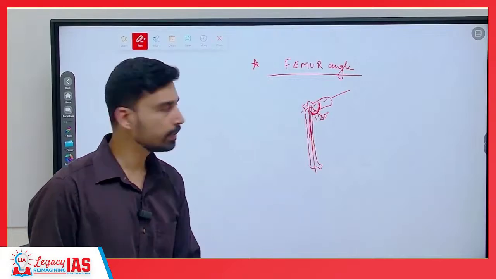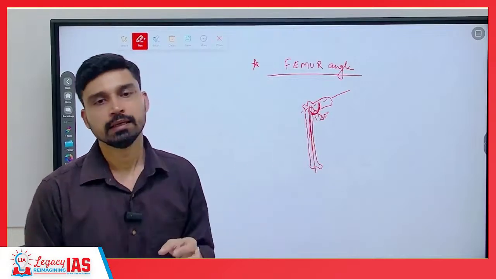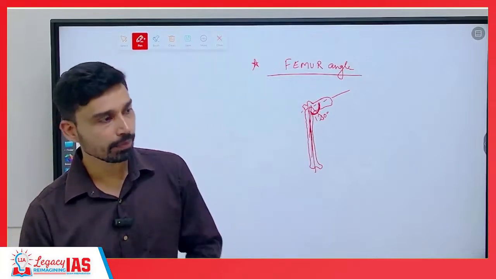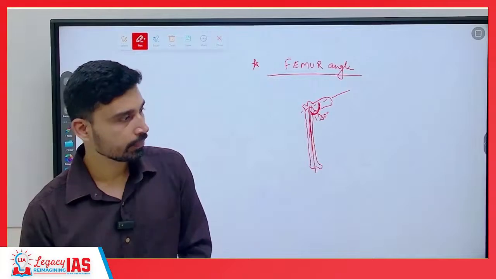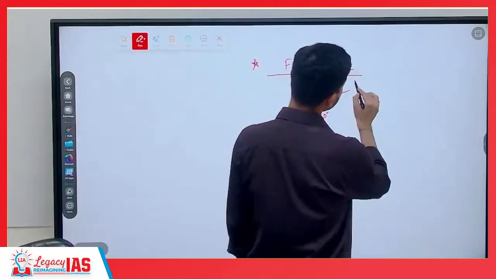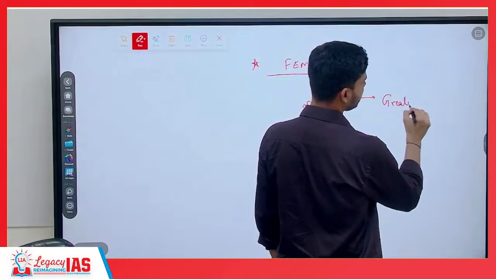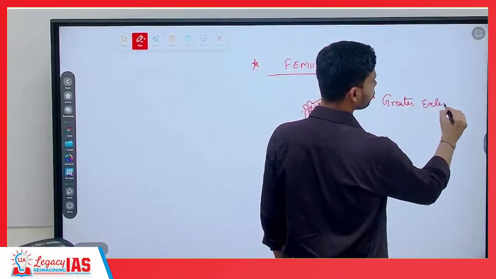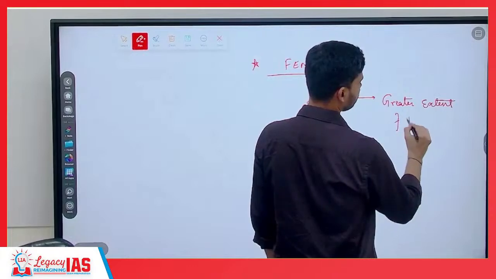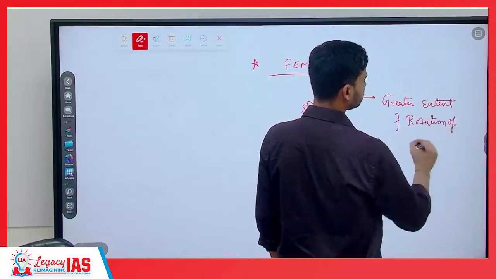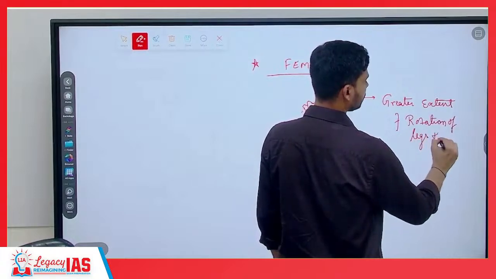Due to this, what happened? The movement of the legs happens more freely and to a greater extent in man as compared to the apes. So the advantage of greater femur angle is greater extent of rotation of legs than apes.